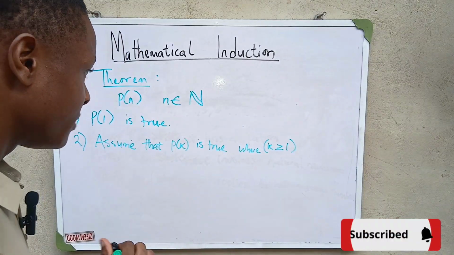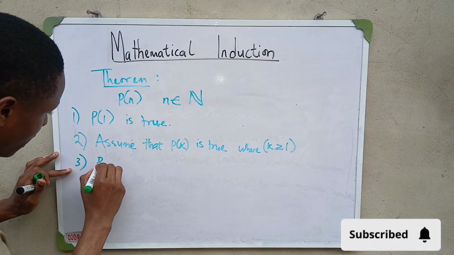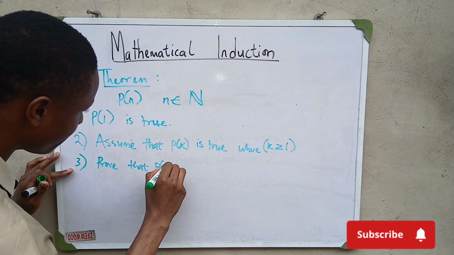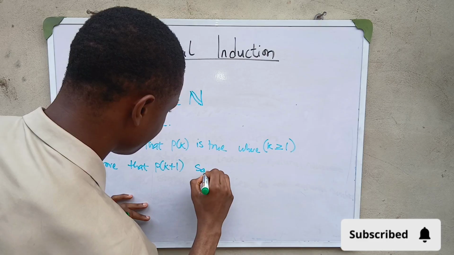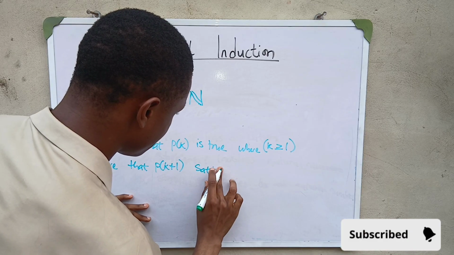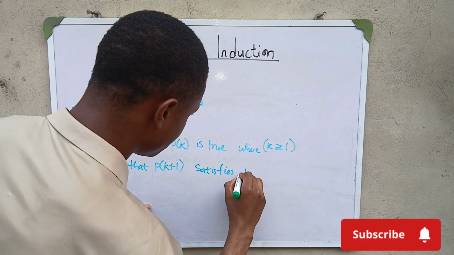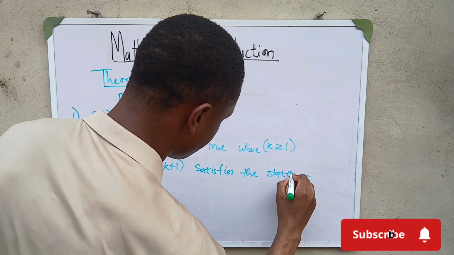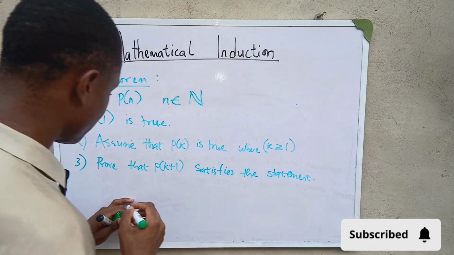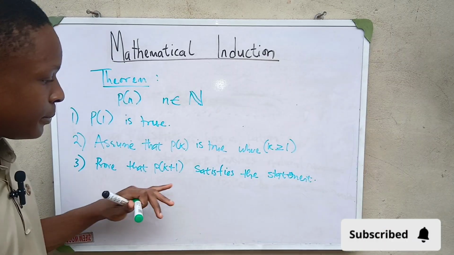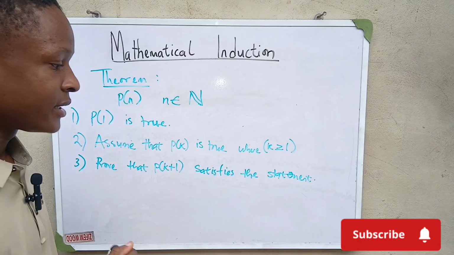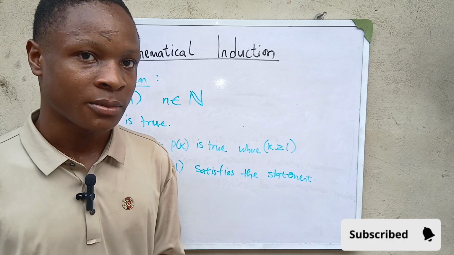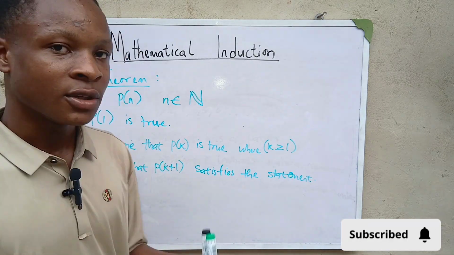When we assume that P of k is true, we now prove that P of k plus 1 satisfies the statement. Then when we prove that P of k plus 1 satisfies the statement, that means that mathematical induction is true. That is true for all the natural numbers. So now let's solve one example.